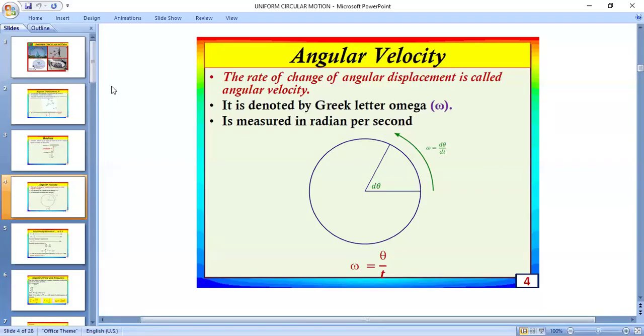That's the second way of expressing that. The third way: we know from linear motion that s over t gives us linear velocity. Therefore, omega equals v over r. That's the third way of expressing that.